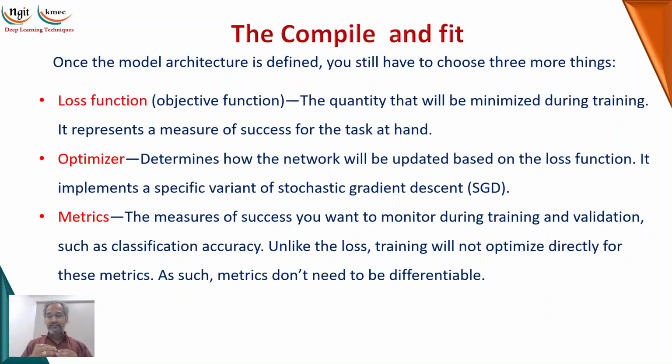Optimizer is the method of how to update the weights, by using the derivative part, and there are different methods like gradient descent, stochastic gradient descent, and Adam, that is the momentum based algorithm, RMSprop. All these are the various optimizers available.